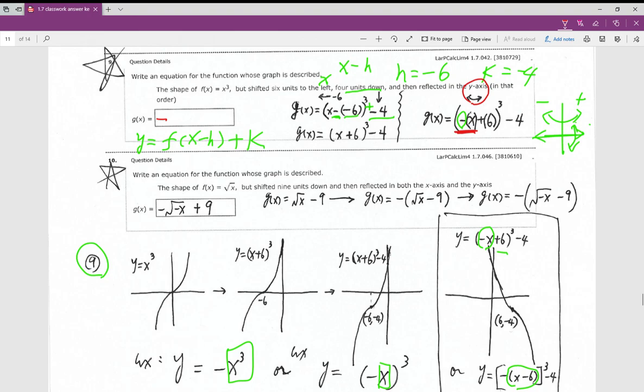Negative. This negative is inside the parentheses, because it is not the y that becomes negative or positive, it is the x value, left and right, and follow the original minus. Okay. This is the final answer.